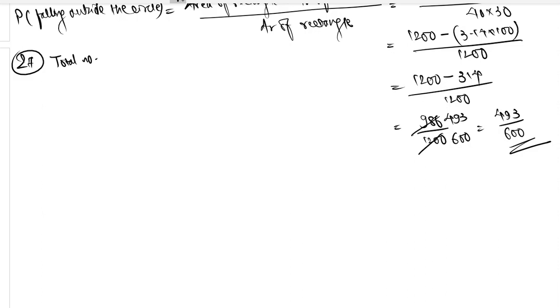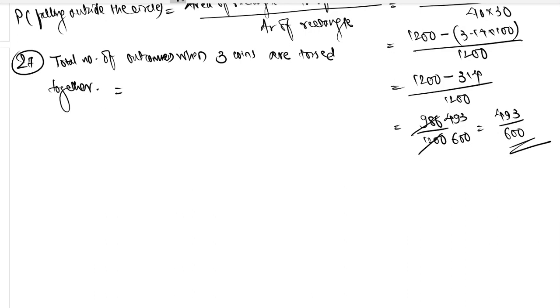Total number of outcomes when three coins are tossed together is equal to... So the answer here is in the form of 2 raised to n.